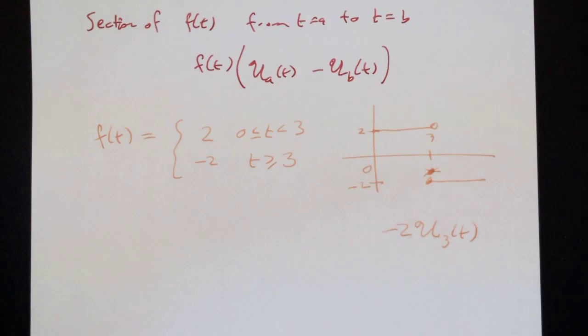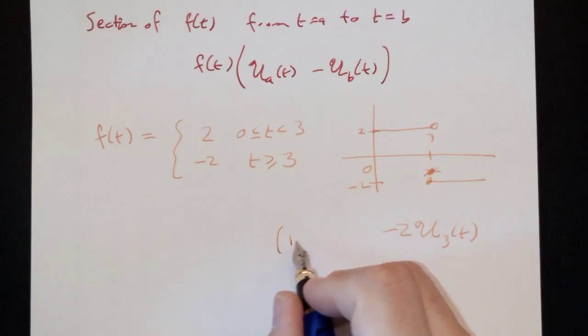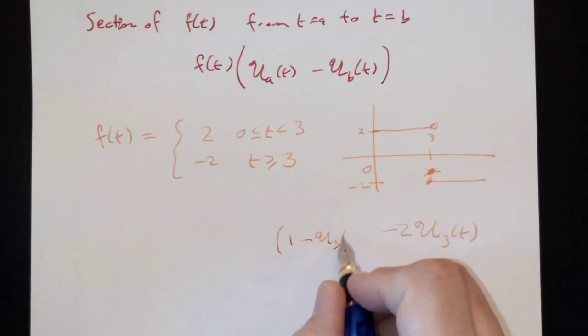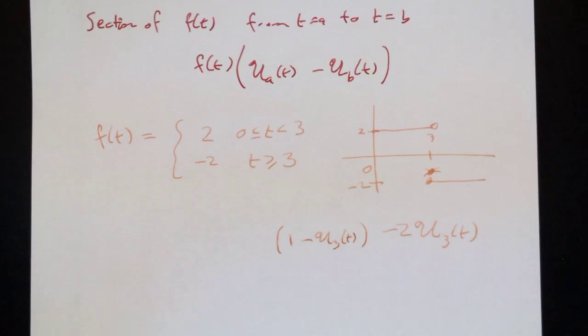But this part starts out on and turns off. That's kind of taking our behavior and doing it backwards, isn't it? Oh, wait a second. When it's starting, it's at 0, and now I want it to start at 1, and then go from 1 to 0. Isn't that just flipping where the 0 is and where the 1 is? What if I did 1 minus u3 of t?